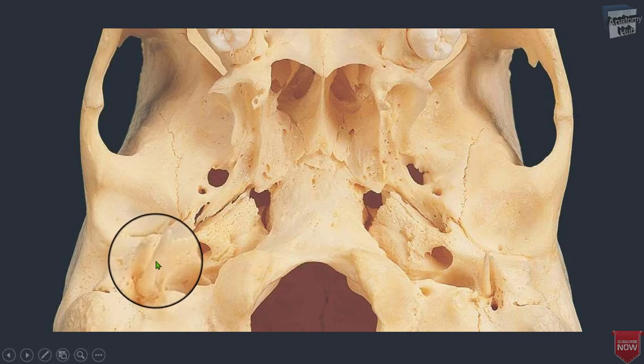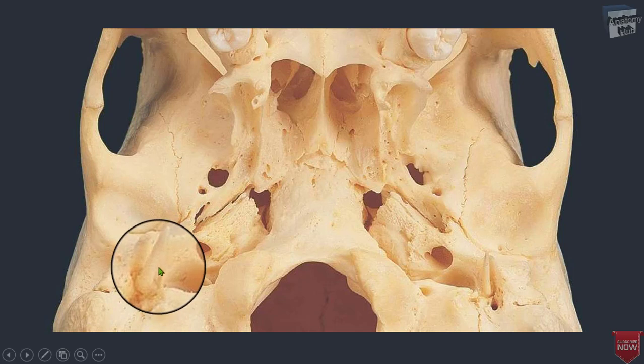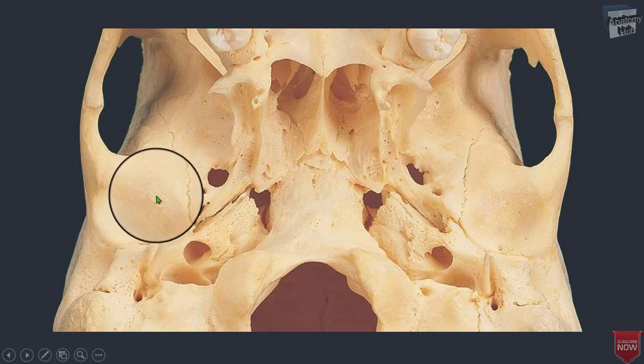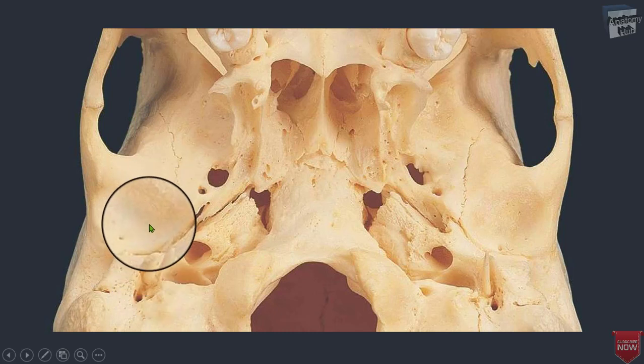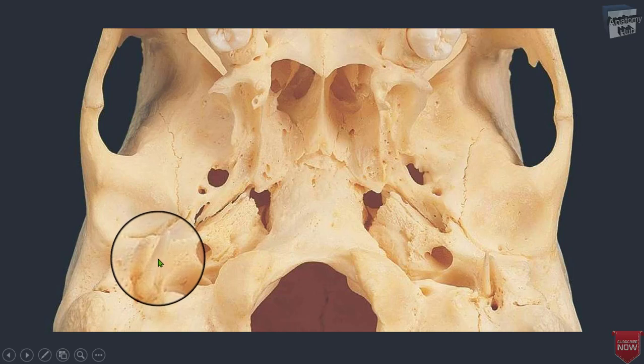You can see it behind the external auditory meatus and the temporomandibular joint. The process anchors the stylohyoid ligament and the extrinsic muscles of the tongue and the pharynx, that is your styloglossus and stylopharyngeus muscles.